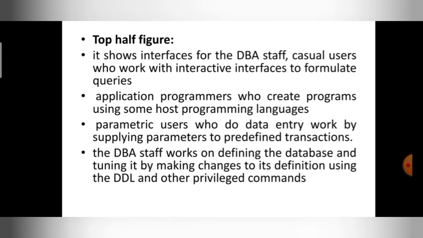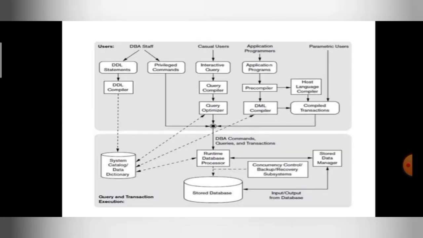So the top part of the figure shows the interfaces for the DBA staff and casual users who work with the interactive interfaces to formulate queries. You can see there, DBA staff use DDL statements like create, discussed in the previous videos.